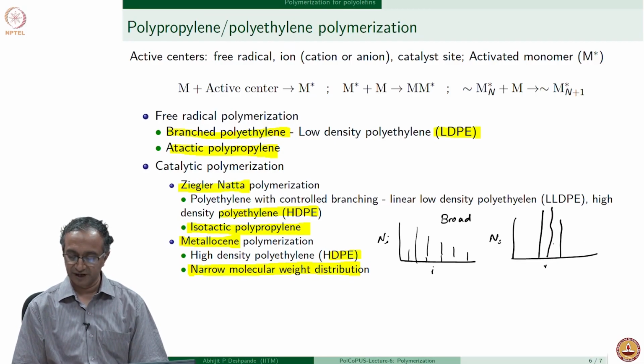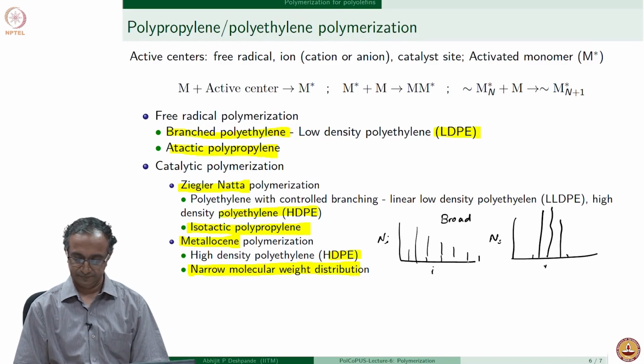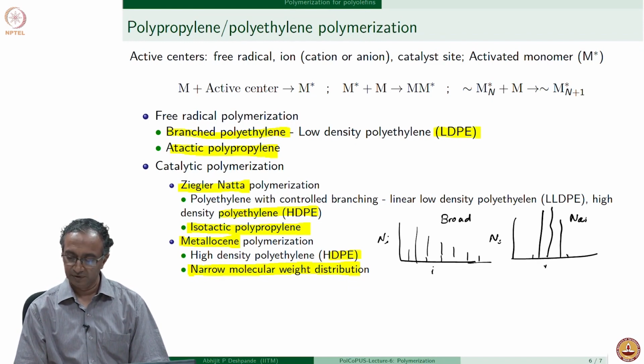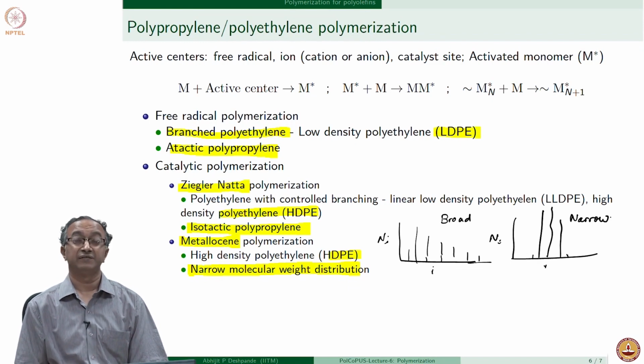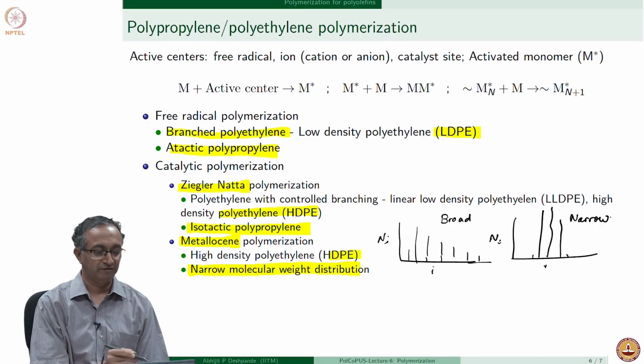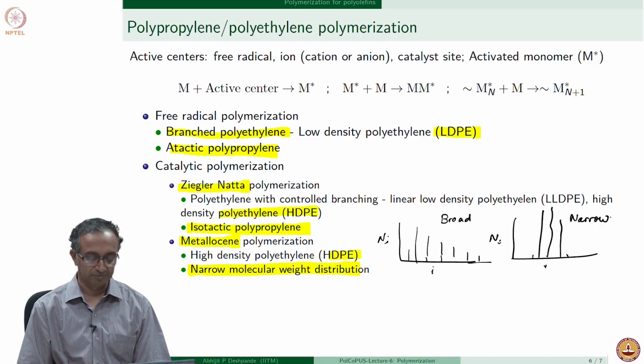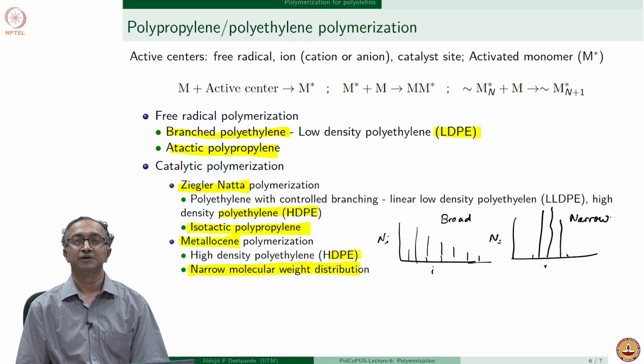This is a much narrower molar mass distribution. Narrow or broad molar mass distribution is very important in determining the overall properties of a polymer sample, and it's useful to have a polymerization method using metallocene which can produce a very narrow molar mass distribution.